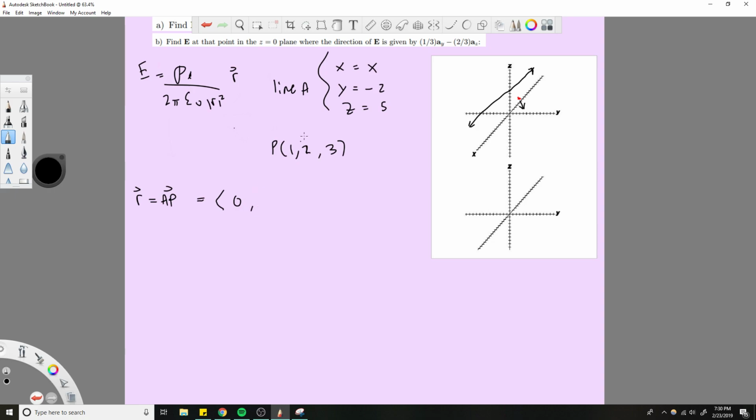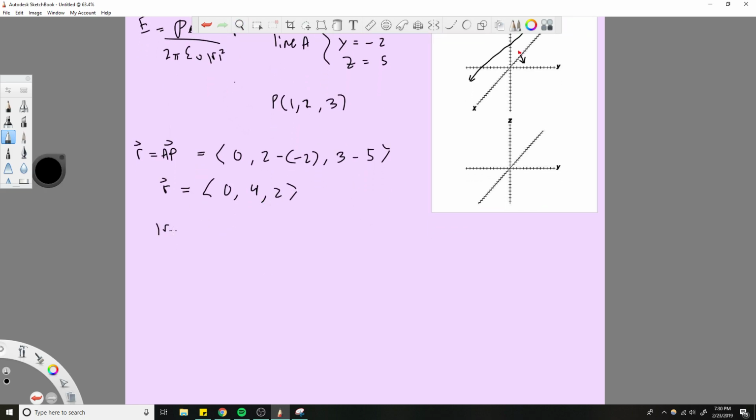You just kind of have to observe that and know. At least I don't know how it could be done mathematically. And this would be 3 minus 5. So I'm just taking P minus point A, or the line A. So r would then equal (0, 4, 3 minus 5 is -2).